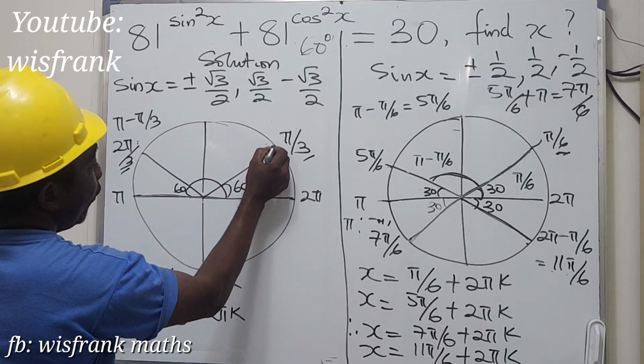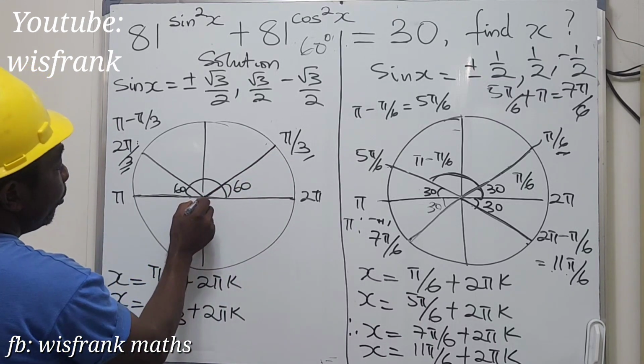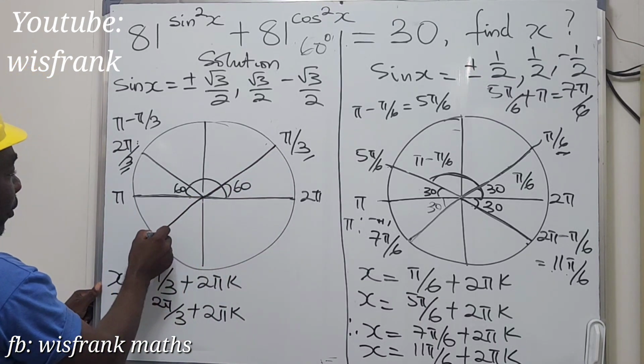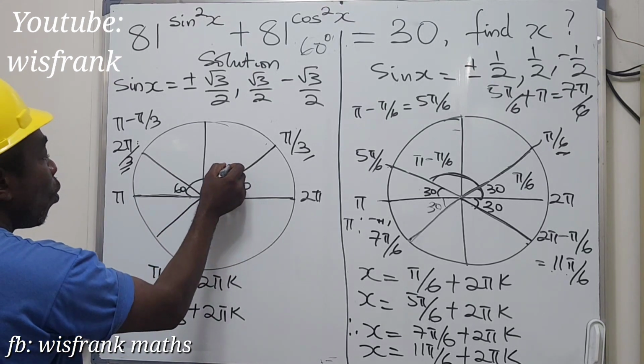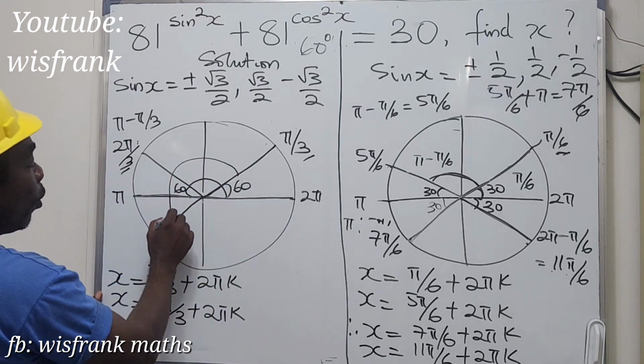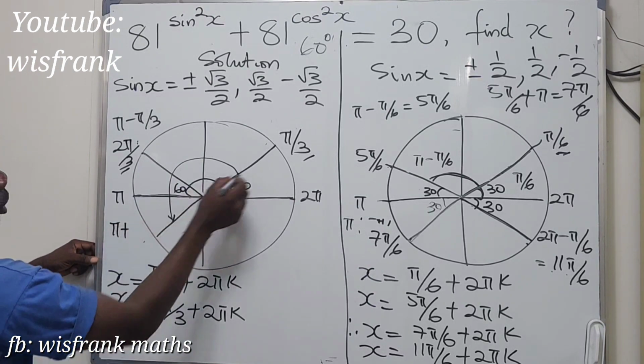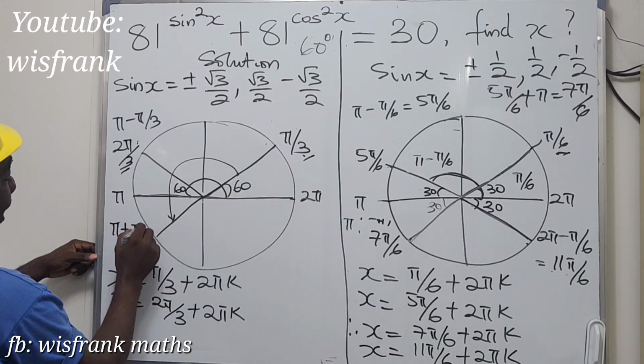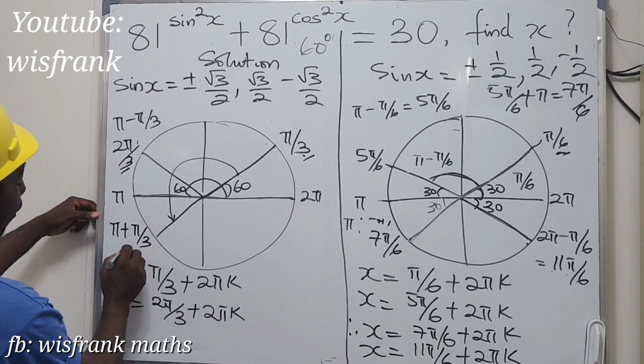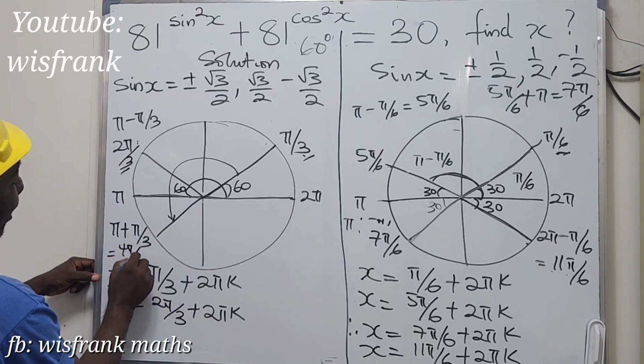So if we have this point as this place, before we get to this point, we extend to this other side and move 180 degrees. It's going to be pi plus pi all over 3. So this will give us 4 pi all over 3.